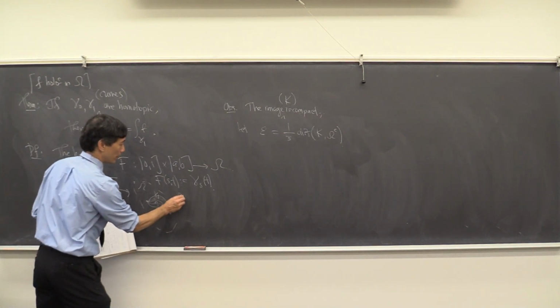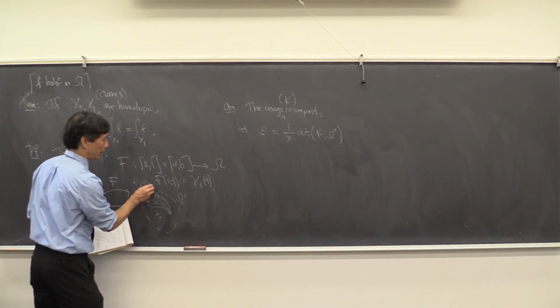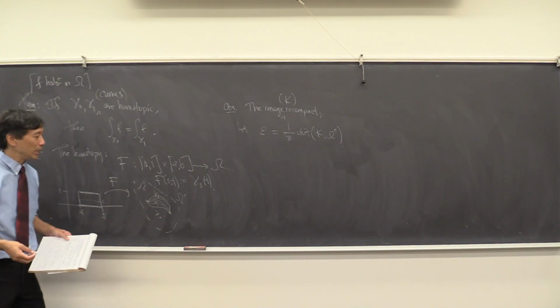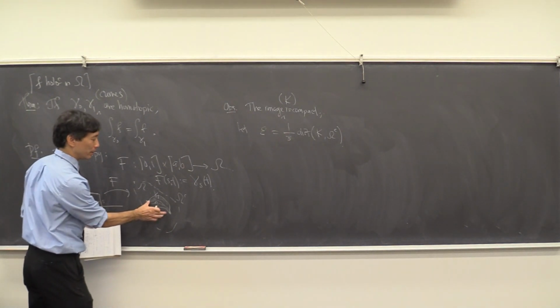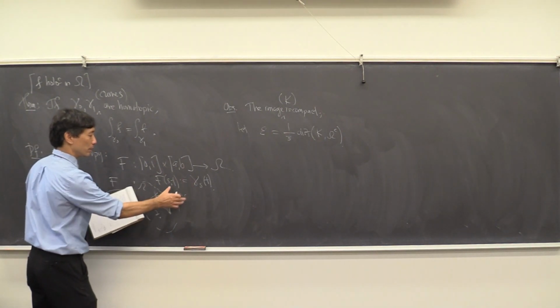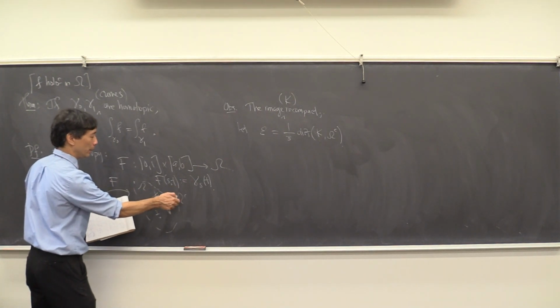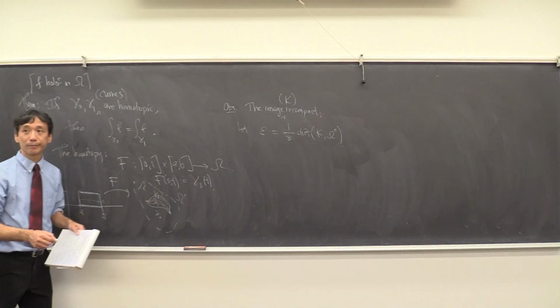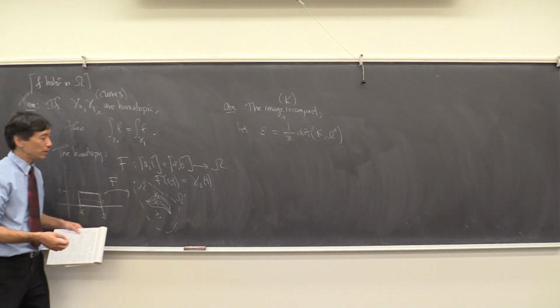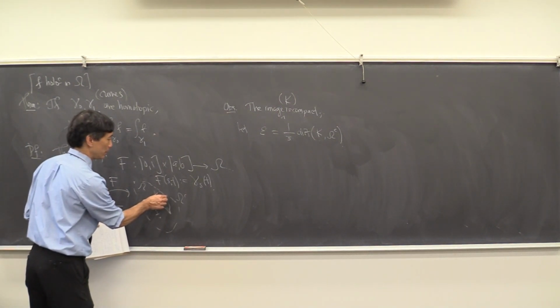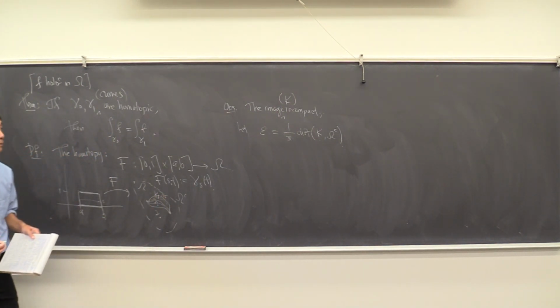Omega complement is out here, and we've said this many times before: whenever you have a compact set and a disjoint closed set, there's some minimum distance. That distance we'll call 3 epsilon.